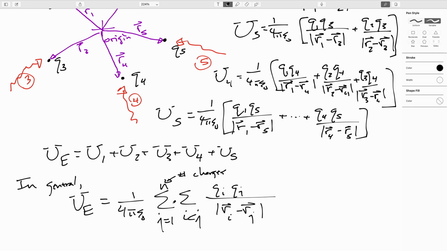Then j would be 4 and i would be 1, 2, and 3. So it gives us Q1, Q4, Q2, Q4, Q3, Q4, just like we got here. Finally, when j is 5, i can be 1, 2, 3, or 4. So this would be Q1, Q5, Q2, Q5, Q3, Q5, and Q4, Q5, just like we got there.